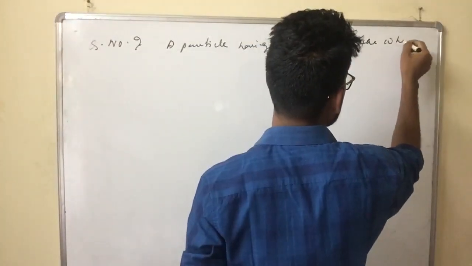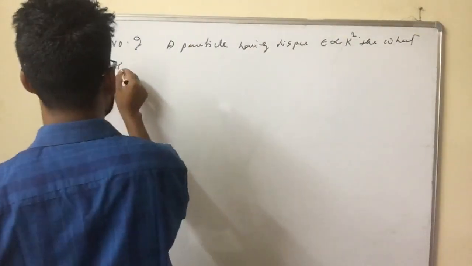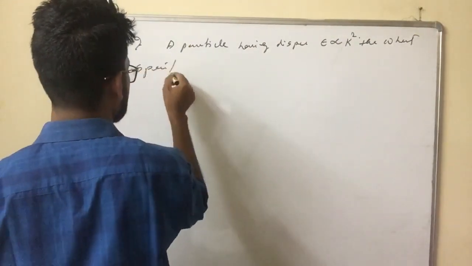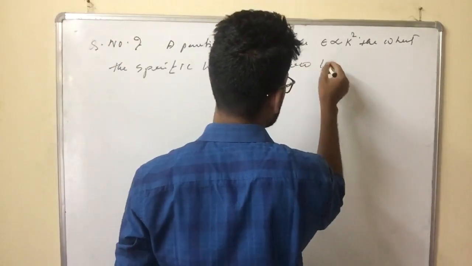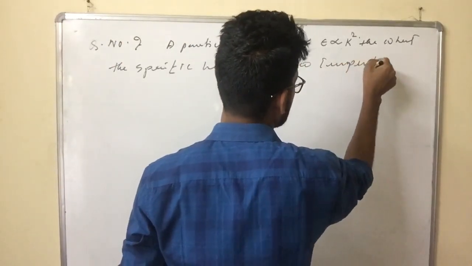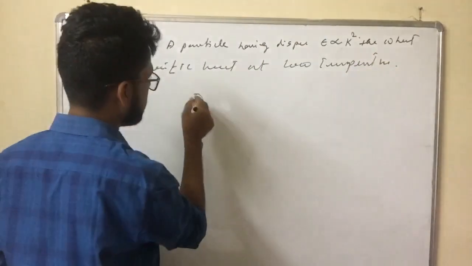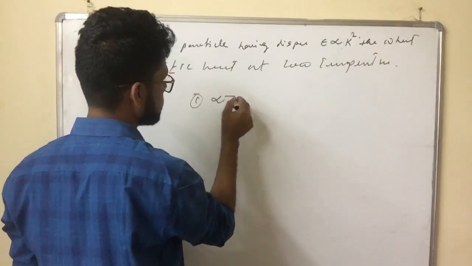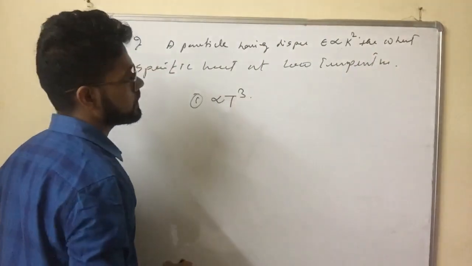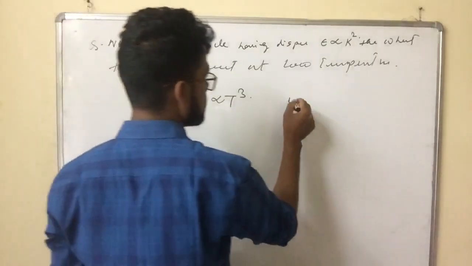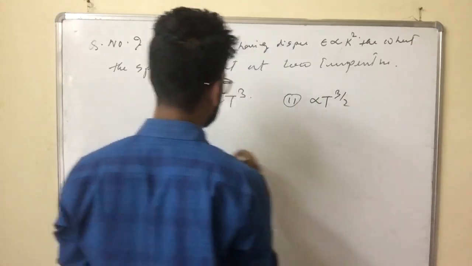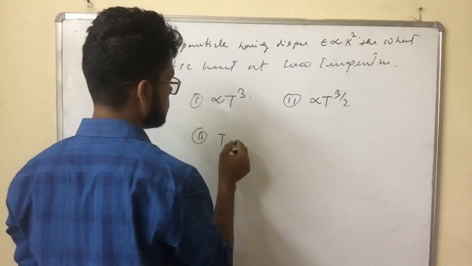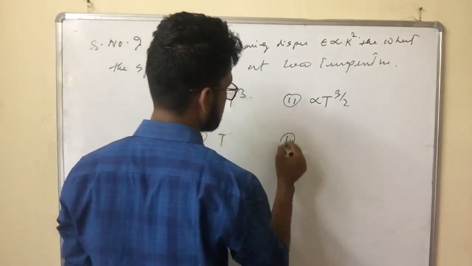Then what is the specific heat at low temperature? The options: first, proportional to T cubed; second, proportional to T to the 3 by 2; third, proportional to T and T square.